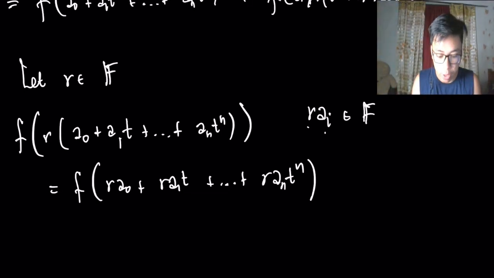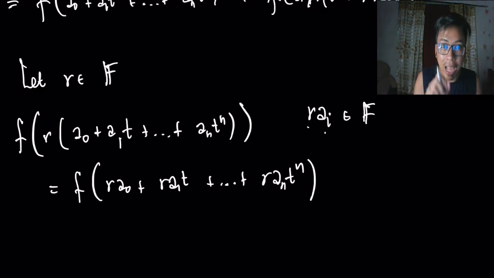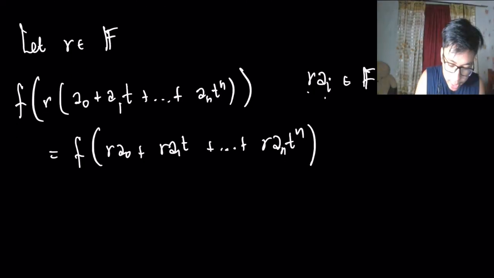Meaning, these corresponding coefficients of t^i, for i from 0 to n, are actually elements of the field F, which means I can write this as this one.